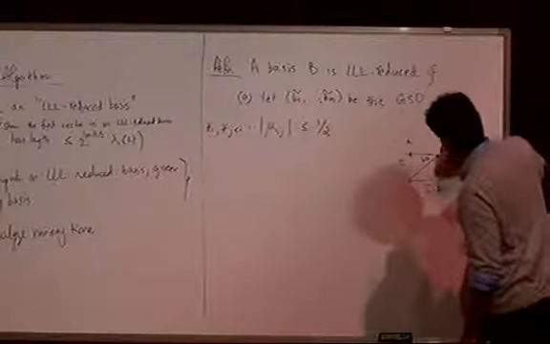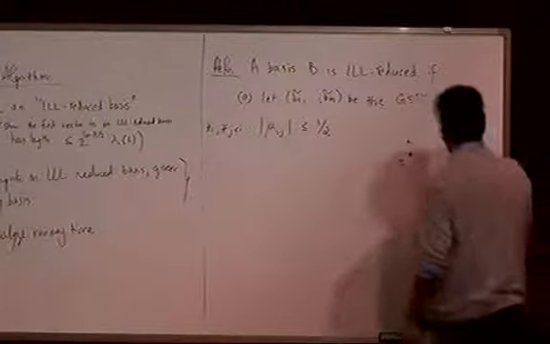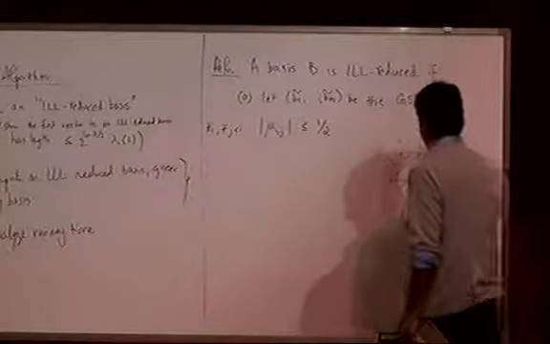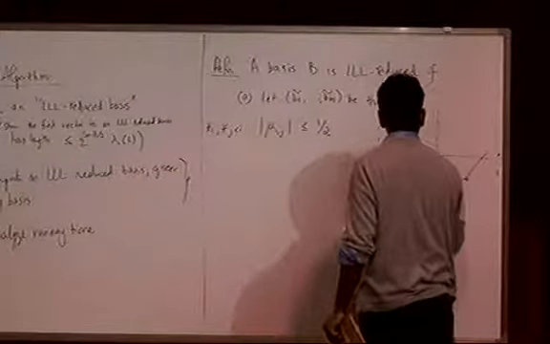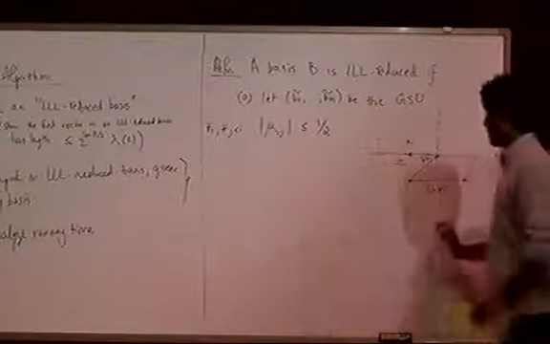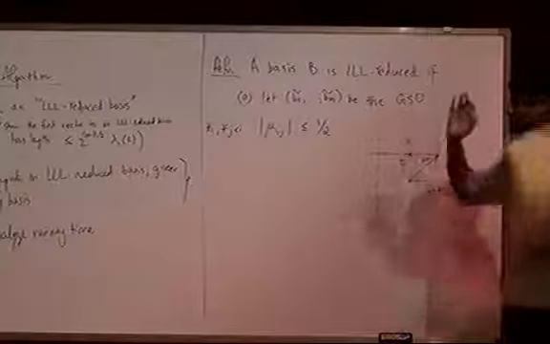In other words, the vector B2 lies in this nice vertical interval.